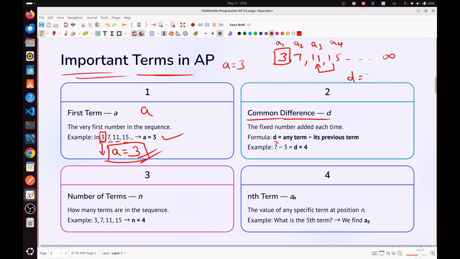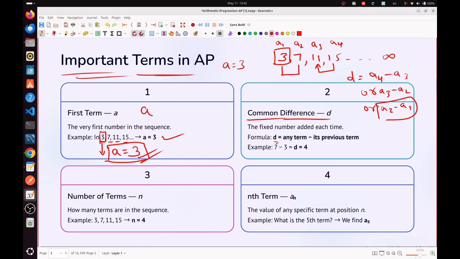D is equal to A4 minus A3, or A3 minus A2, or A2 minus A1. If you take A2 minus A1, here A2 is 7 minus 3, what will we get? 4. If you take any other difference like A4 minus A3, 15 minus 11, we also get 4. Like this we can identify the common difference.